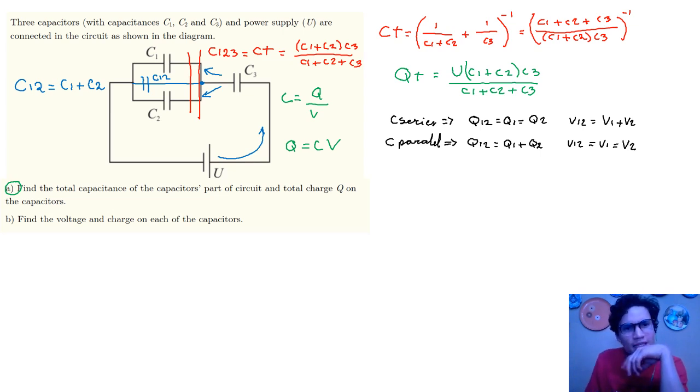So the situation at the beginning is the next one. We have C1,2 in series with C3.